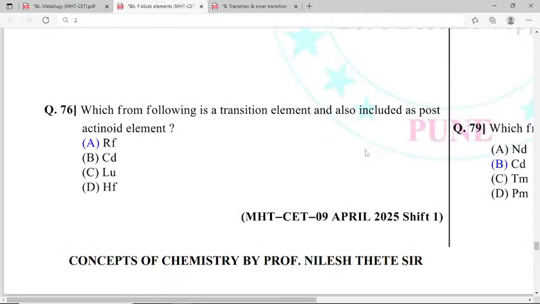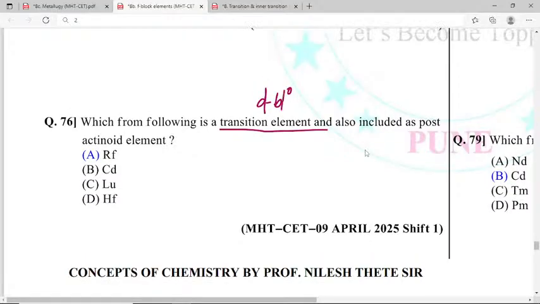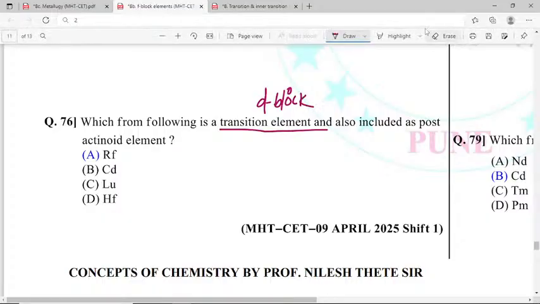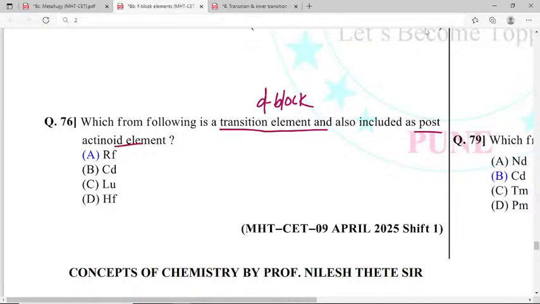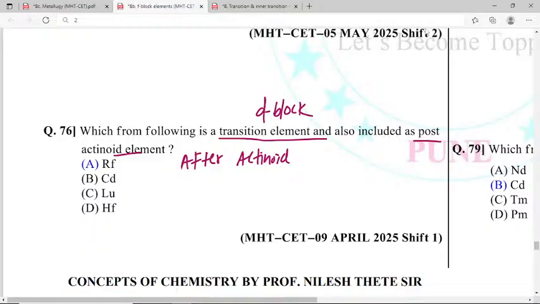Which of the following is a transition element also included as a post-actinoid element? Transition element, D block, post-actinoid, after the actinoid series. Rutherfordium, Rf, is the element.